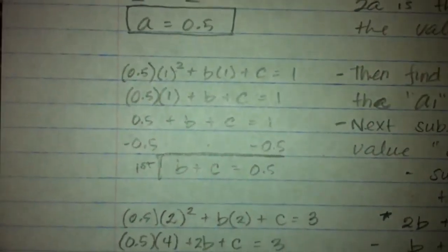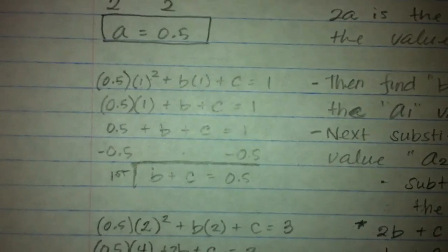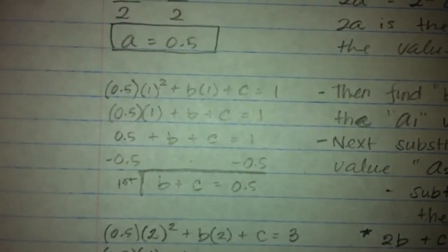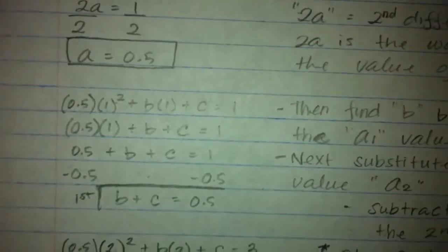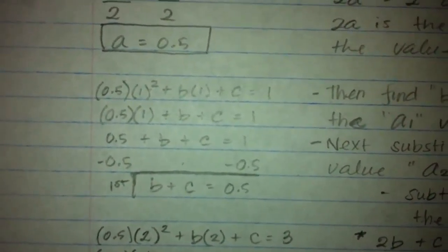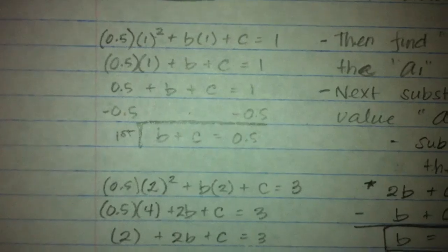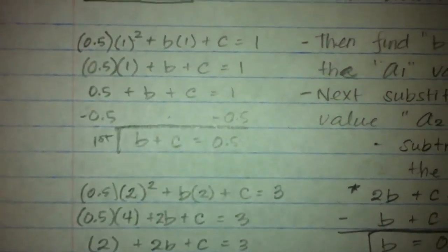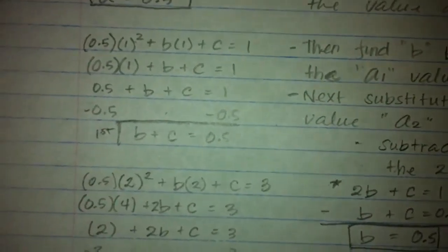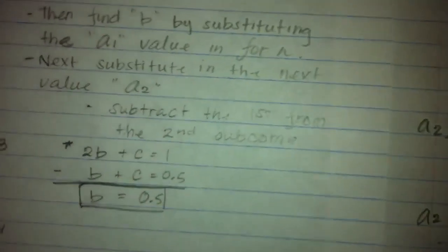Then from there we got 1 times 0.5 plus b plus c. Now when we subtract 0.5 from both sides, we would have the first equation, b plus c equals 0.5. Now remember that.